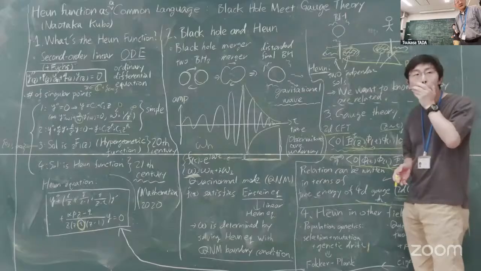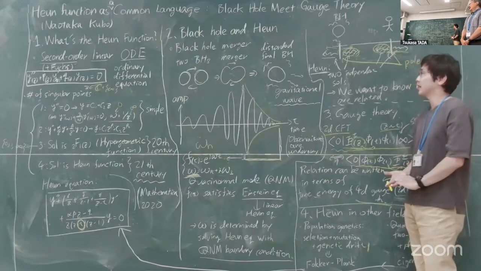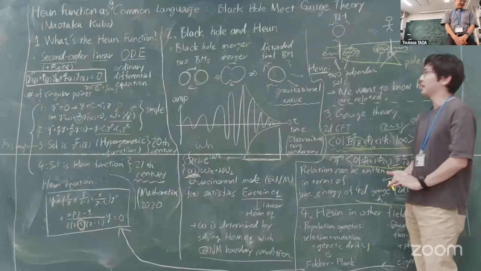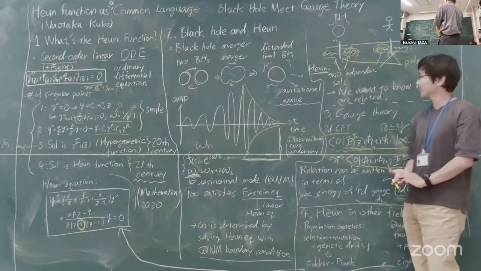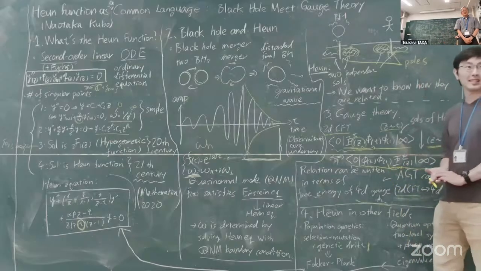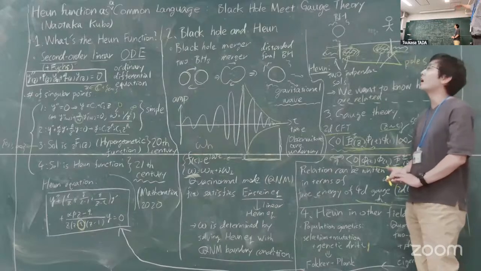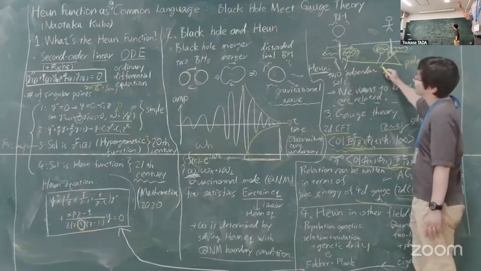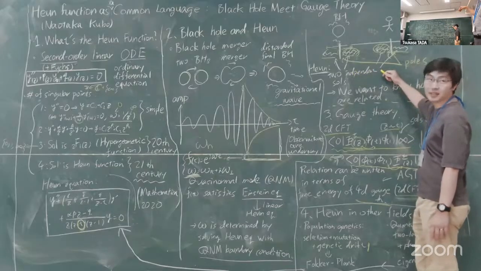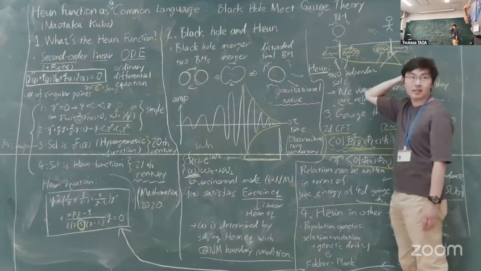How about the case of a neutron star collision? Can you expect a similar equation? I don't know about that, but it must be interesting. In the case of neutron stars, I think there is no horizon, so we cannot impose such a strong event horizon condition. I guess the quasinormal mode is more complicated.